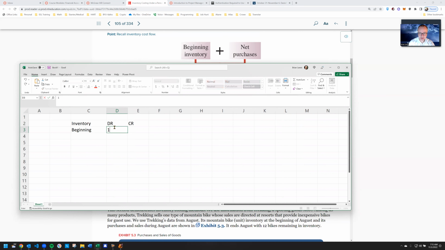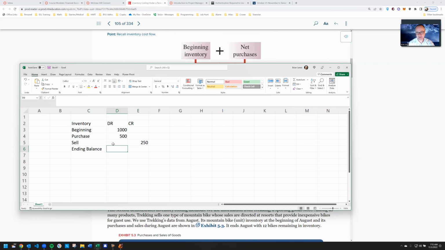Let's say it's 1,000. You're going to purchase some items, let's say you purchase 500. You're then going to sell some items, and that's going to be a credit. Let's say it's 250, and then you're going to have an ending balance.